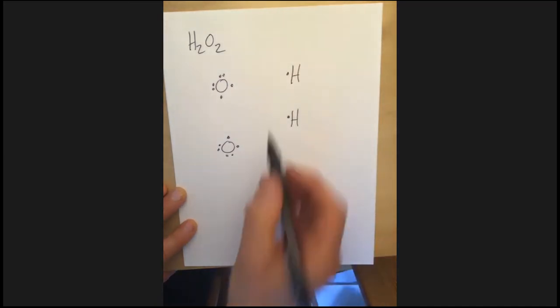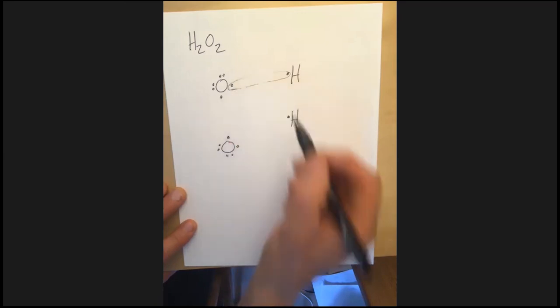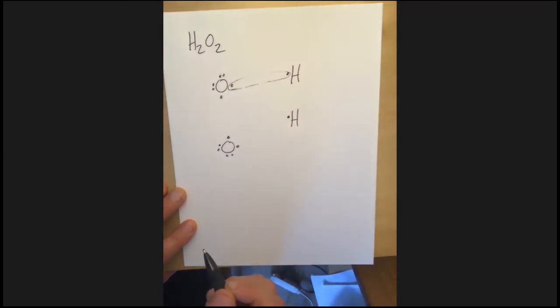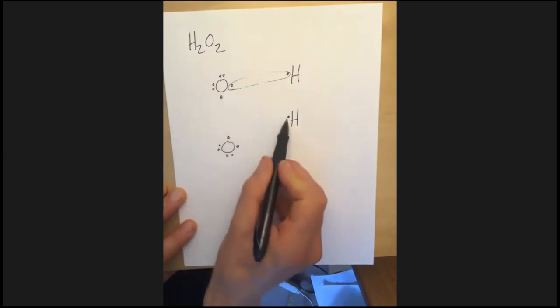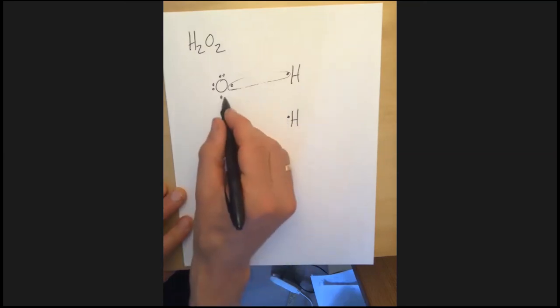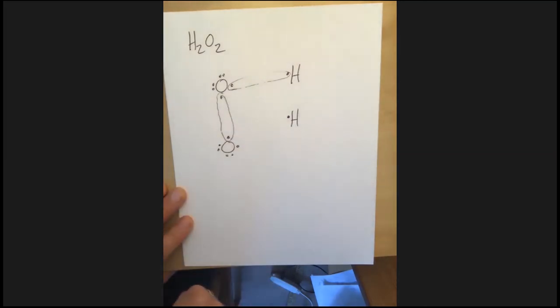And what I'm going to do is share these 2 electrons across here, just like I did before. And then I want to share something. This oxygen needs another electron, but last time I took this one. Bad idea, because that ended up with me being stuck making water. So this time I'm going to share those 2. I'm going to share between the 2 oxygens.